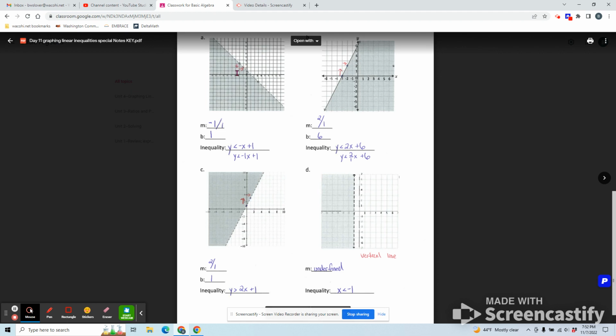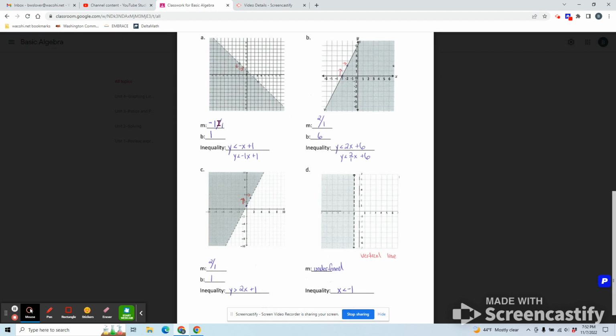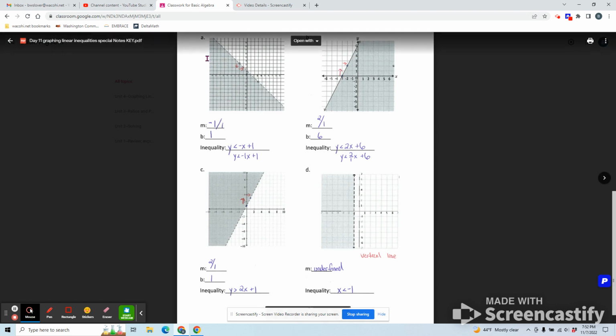So here I went down 1, which makes it negative, and right 1, which makes it positive 1. I crossed the y-axis at 1. So my slope is negative 1 over 1, or negative 1. My y-intercept is 1. I'm shading below that line, so I'm thinking logically. Would below be a greater than or a less than?